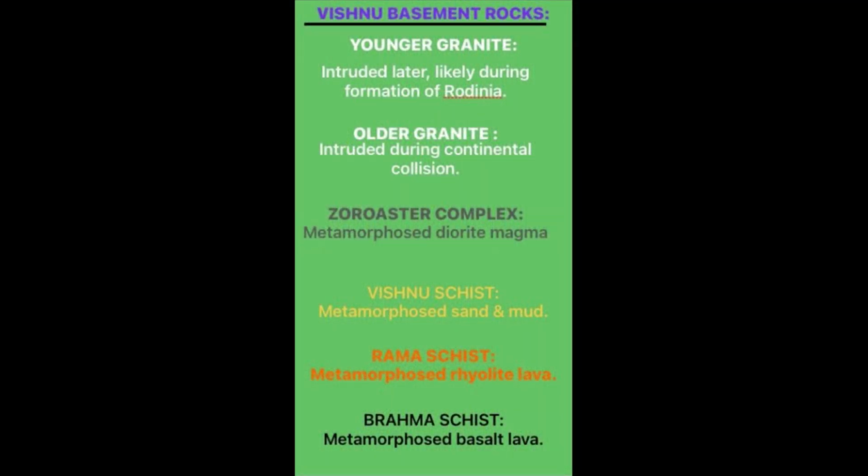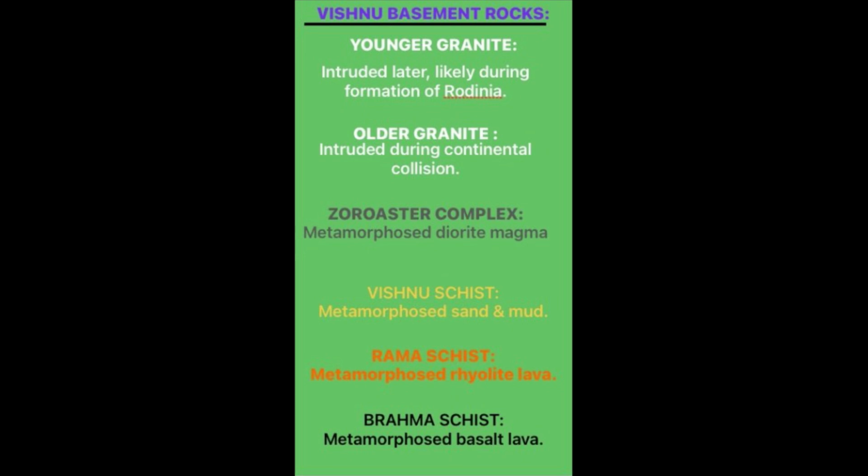Here's a list of the Vishnu basement rocks. The oldest rocks are on the bottom of this list, the youngest on the top. First we have the Brahma schist. Sounds like something that comes out of a cow in India, doesn't it?